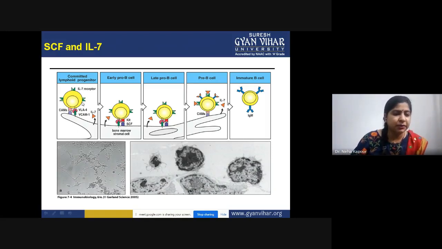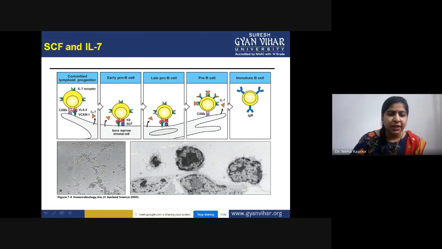This is a common lymphoid progenitor. As you can see, the interleukin 7 receptor is present on the surface. In the early phases, before it matures into the immature B cell, in the early pro B cell, in response to interleukin 7 released by bone marrow stromal cells, it attaches onto this receptor.